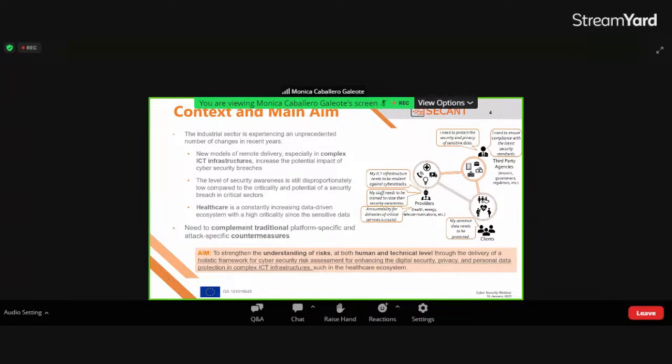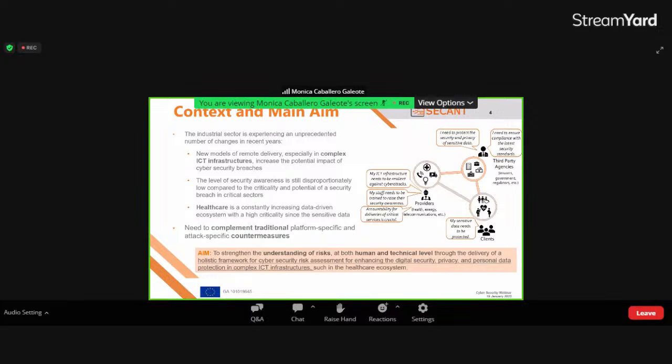If we want to start with the context and the main aim, the context is very similar, and I think it was the opening of the session today: all the changes the industrial sector is experiencing, and the new waves of cyber threats that have come with all this interconnection, especially in complex ICT infrastructures. SECAN is focused on the healthcare sector, a constantly growing data-driven ecosystem with more and more interconnected devices, shared medical databases, and networks.